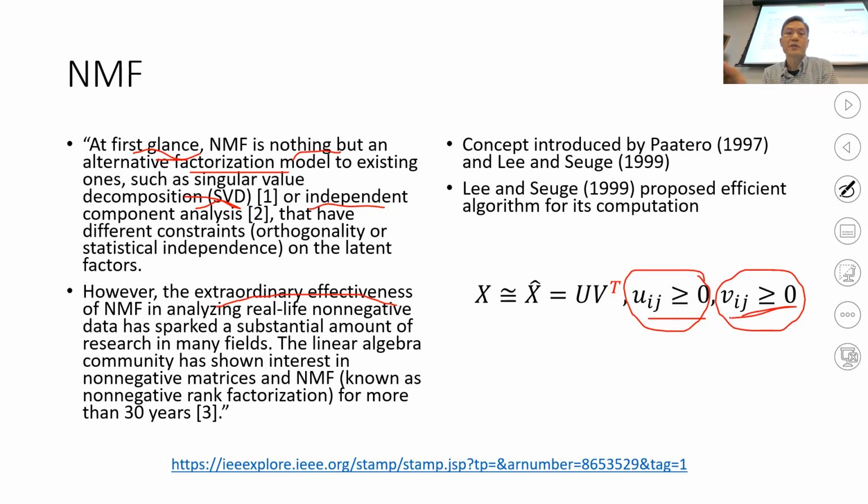Then people realized there are smarter ways to do the algorithm, which made it extraordinarily effective. So that's where NMF became popular, and because of the non-negative feature, it was applied to a wide range of problems later.